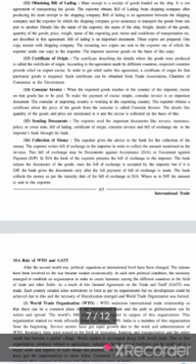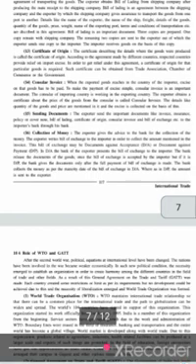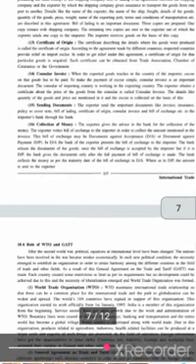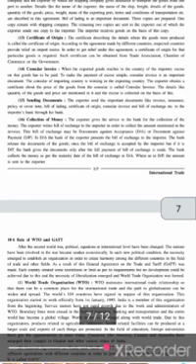Now move to the consular invoice. When the exported goods reach the country of the importer, excise on that goods has to be paid. So the exporter obtains a certificate about the price of the goods from the consul, called the consular invoice.